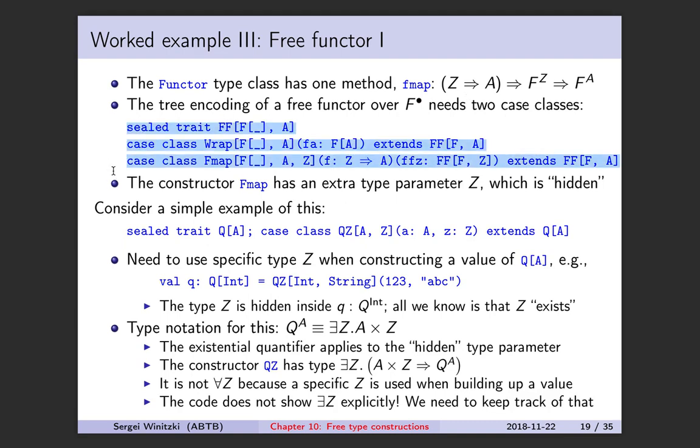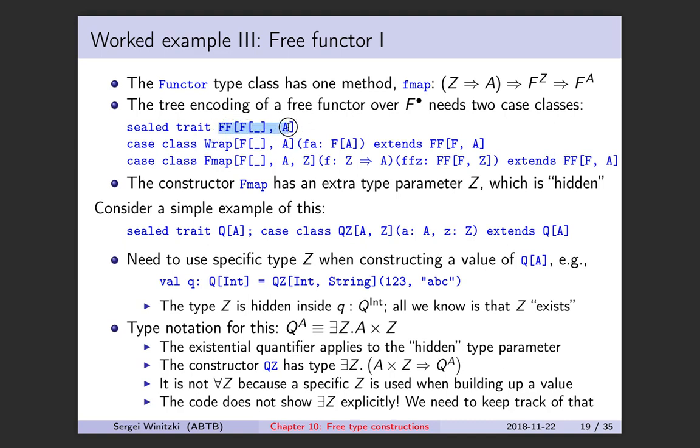And so this is the tree encoding of a free functor. So I call this a tree encoding because this encodes an expression tree, unevaluated expression tree for a functor value. Now, what did I do in order to write this code? I basically did the wrapping.